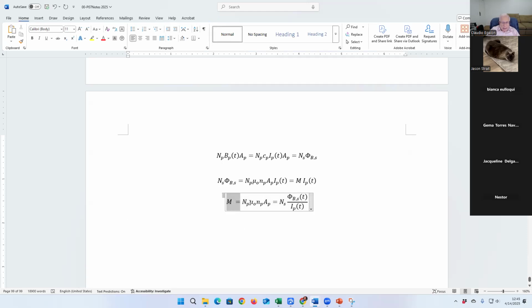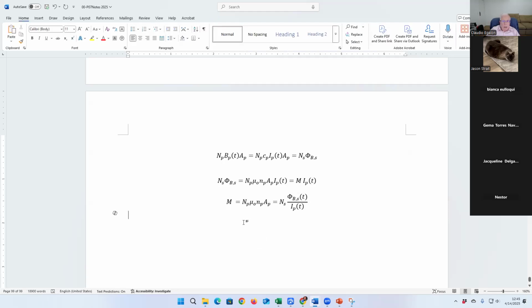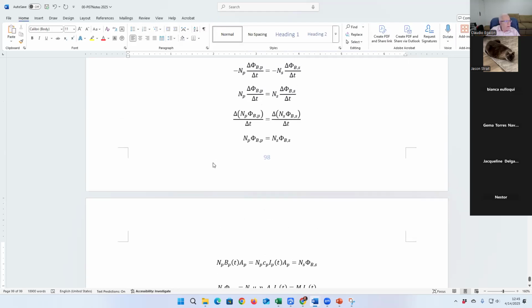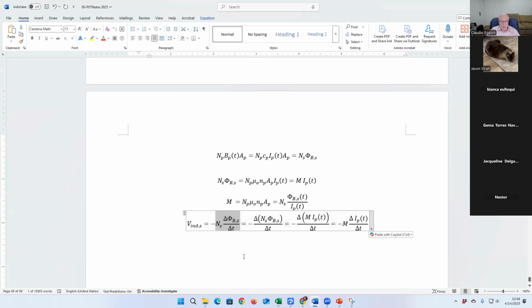For a solenoid, the mutual inductance is going to be given by this equation that you see right in here. Okay, and then we can also write one more important thing here. We can also write that the induced voltage in the secondary coil is going to be given by this term right in here, right?